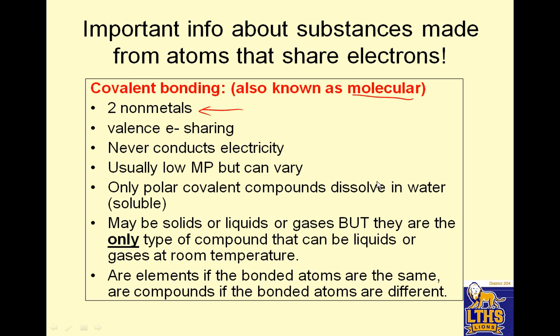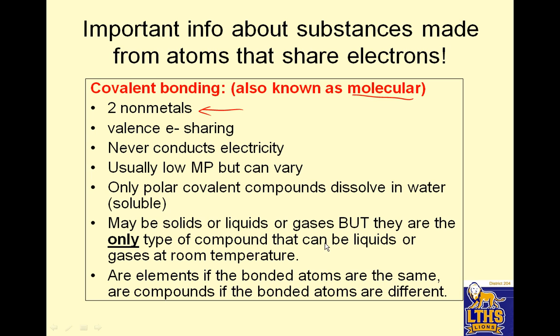We'll learn more about this, but polar covalent compounds could dissolve in water, while nonpolar ones won't. Many can be solids, liquids, or gases, and this is the only type of compound that could be liquids or gases at room temperature.